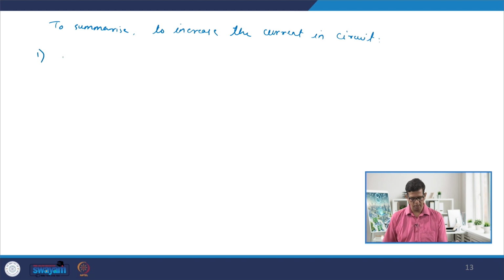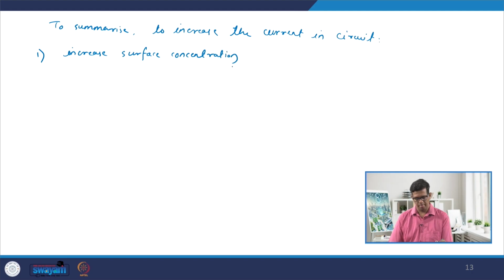First, we have to increase the surface concentration. In other words, this C O0 T has to be increased. And how do we increase this concentration?